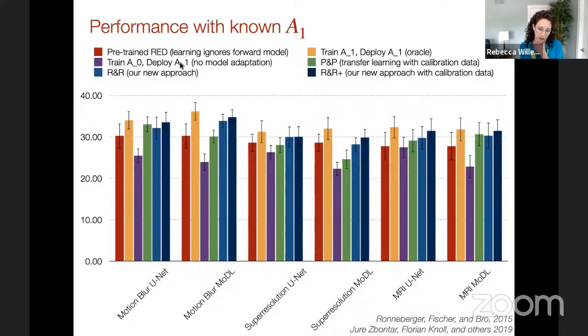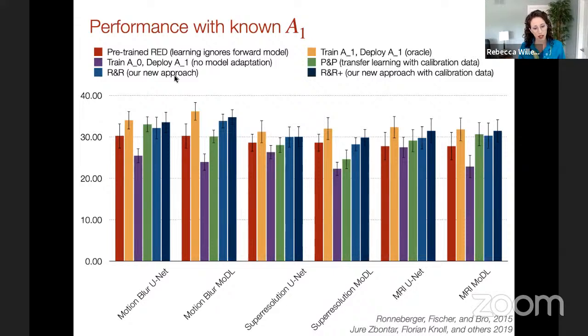The reason for that is that the way I think of what we're doing whenever we train one of these models is that we are learning this conditional distribution: what's the distribution of the parts of the image in the null space of A0 given the stuff in the range of A0? And so if A1 now comes along and its null space has nothing to do with the null space of A0, if they're just totally different from one another, then whatever I've learned about reconstructing A0 may be useless for reconstructing A1.